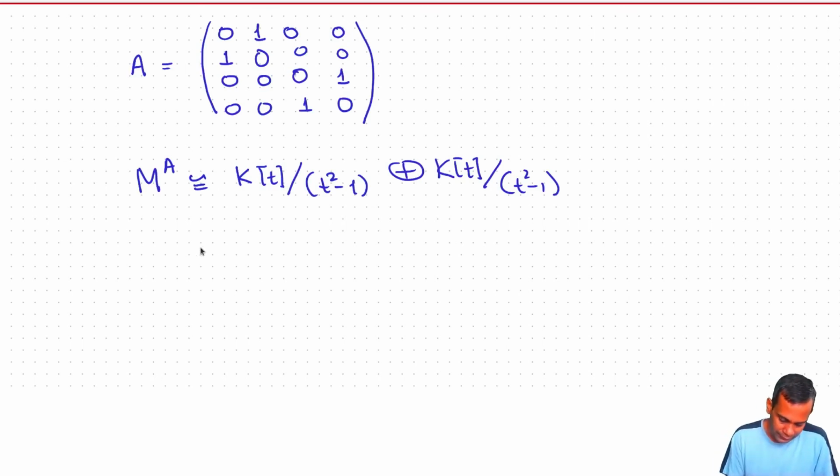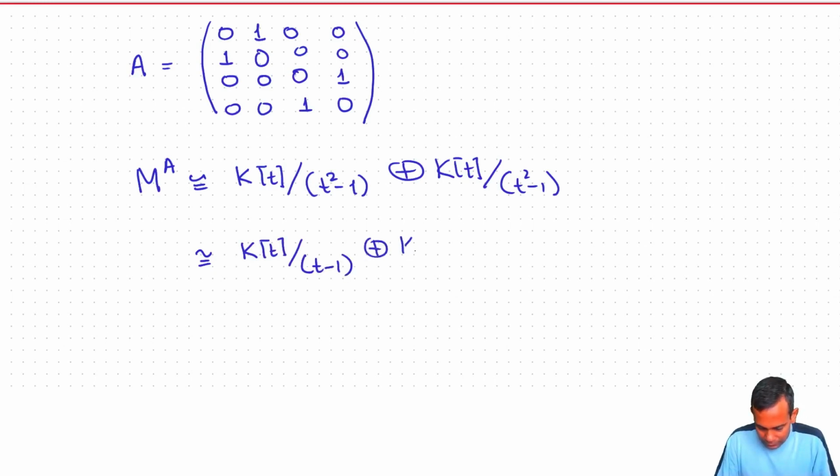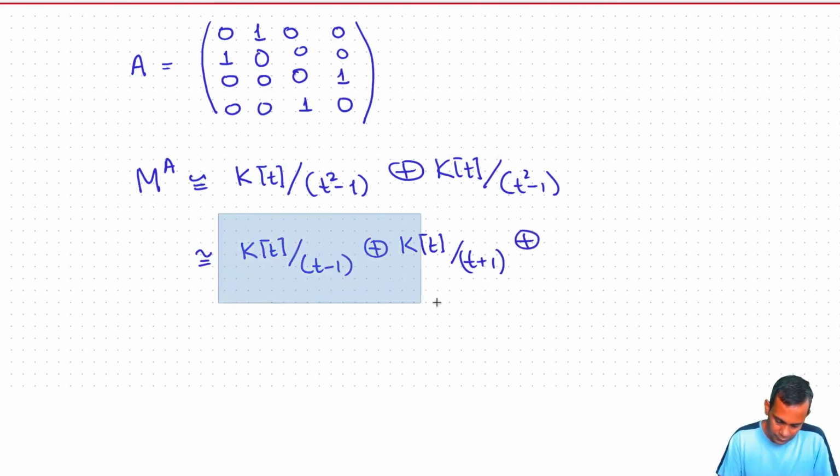So what we get is KT mod T squared minus 1 is T minus 1 into T plus 1, and so by the Chinese remainder theorem, this will be KT mod T minus 1 plus KT mod T plus 1, and then we will have another copy of this same thing.